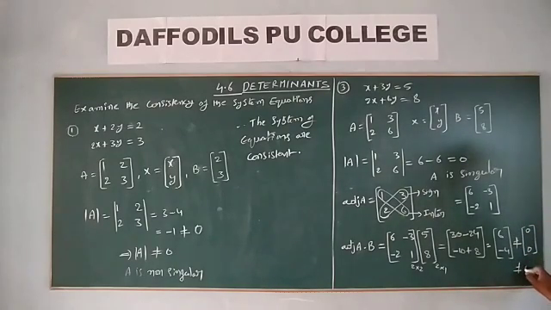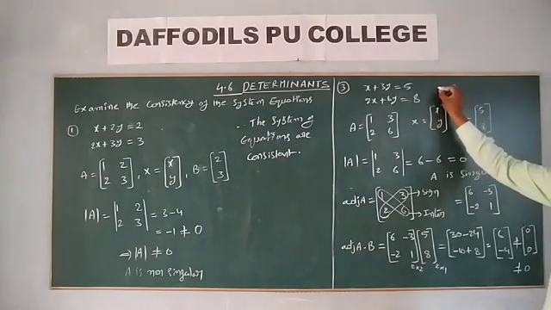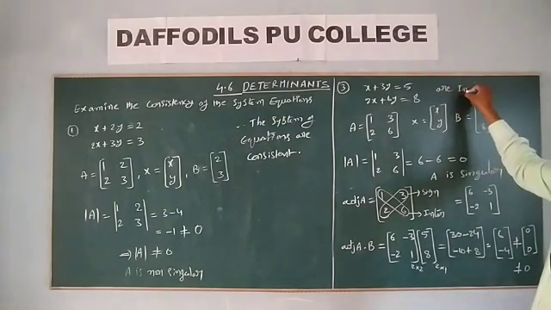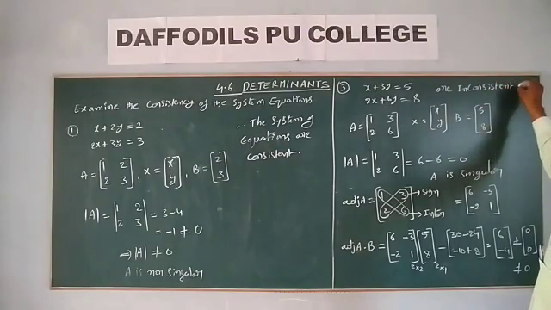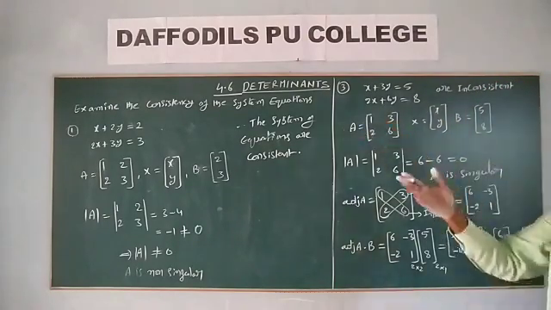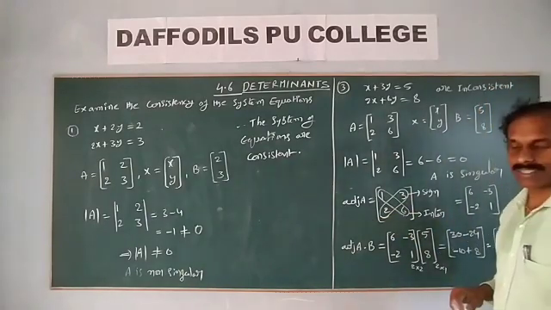Finally, it is not equal to 0. Therefore, the system of equations is inconsistent. So like this, examine whether a given system of equations is consistent or inconsistent.